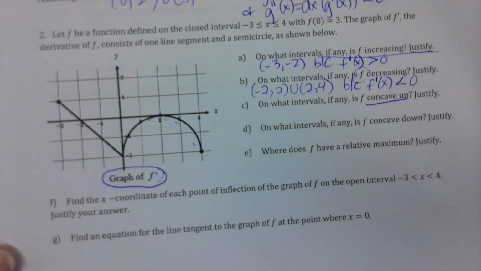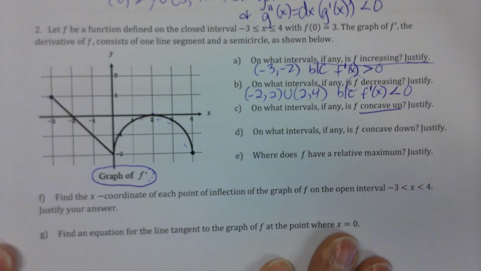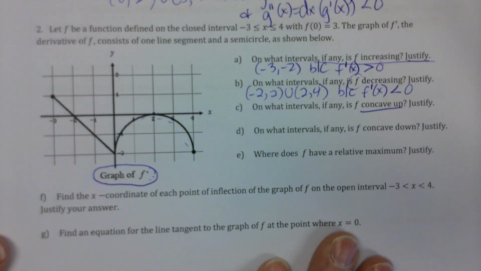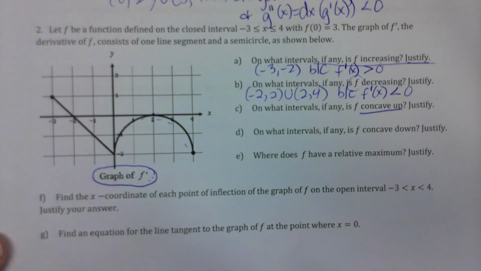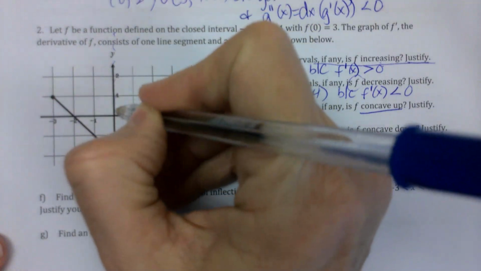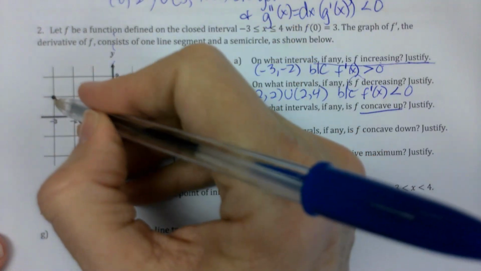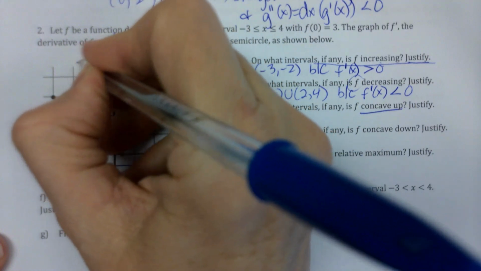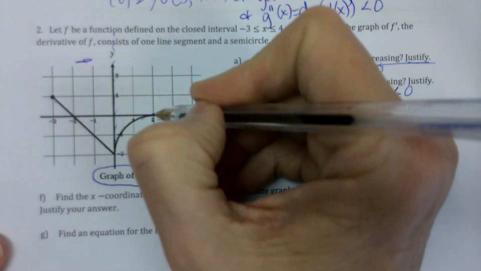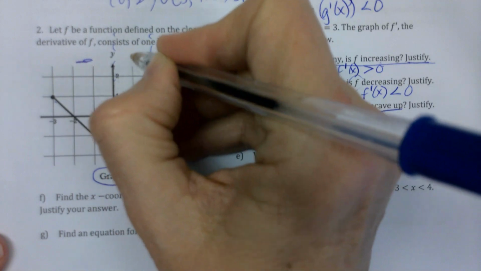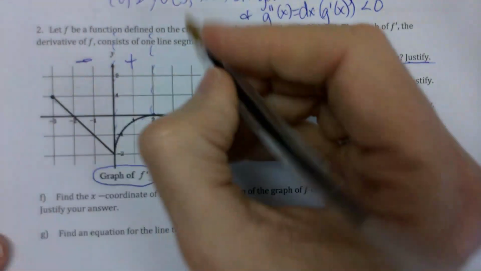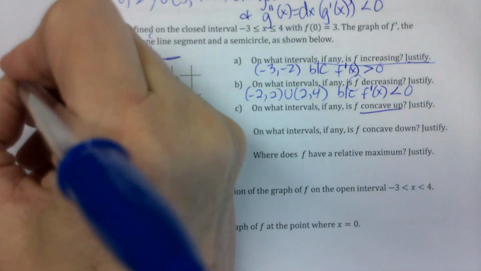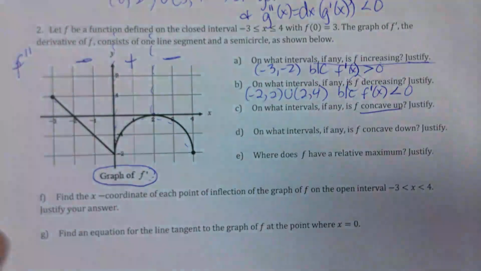The second derivative. Now we are looking at slopes because we're looking at the derivative of this. All the way from negative 3 to 0, all those slopes are what? From 0 to 2, positive and then negative. So this is my f double prime sign chart right there.